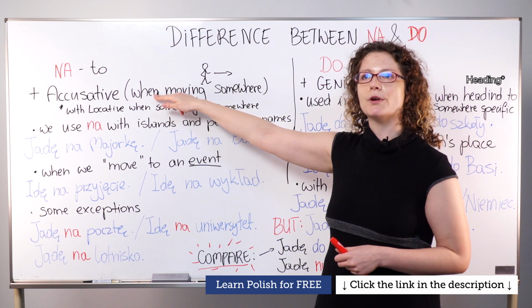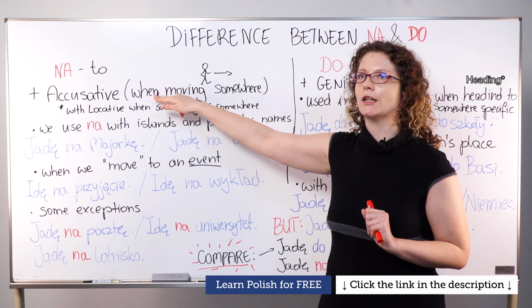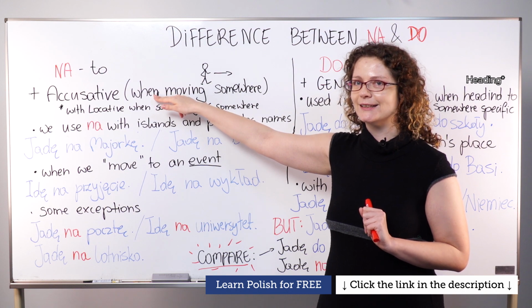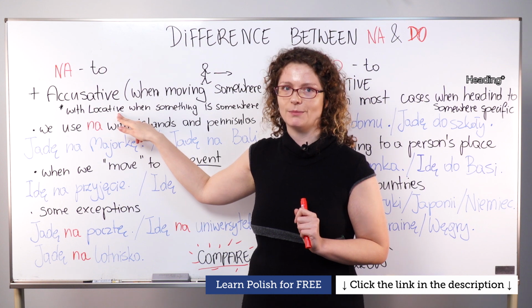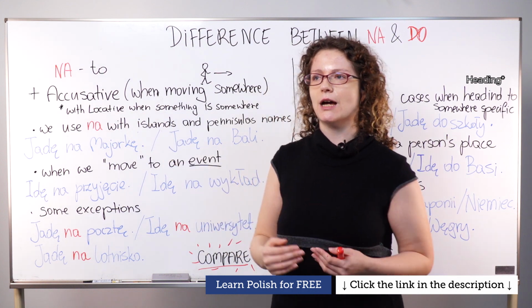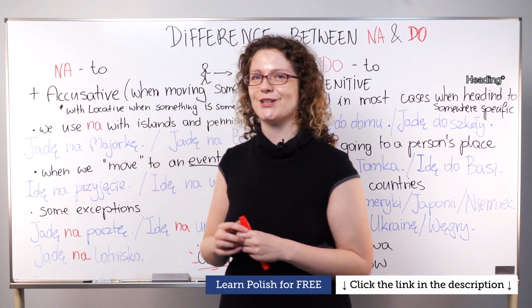But this is only when we are talking about moving somewhere, not the static na. The static na we use with the locative case, but this is not what we are going to talk about. So once again, after na, the noun is in the accusative case. So don't forget to change it.